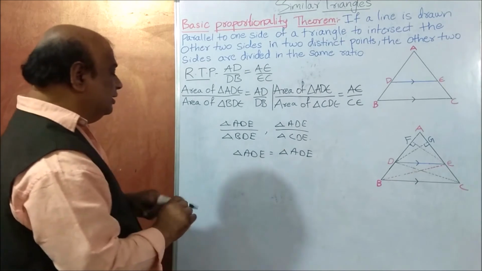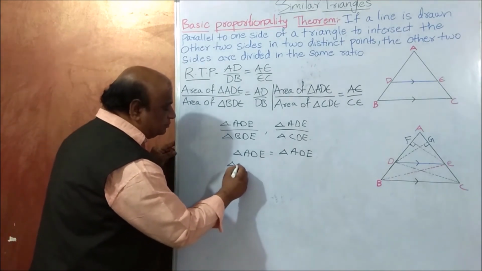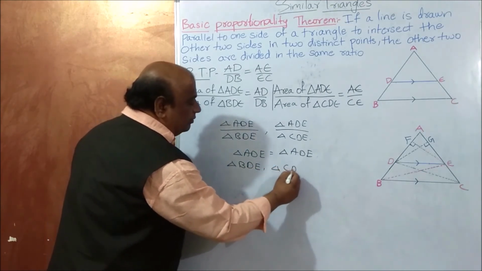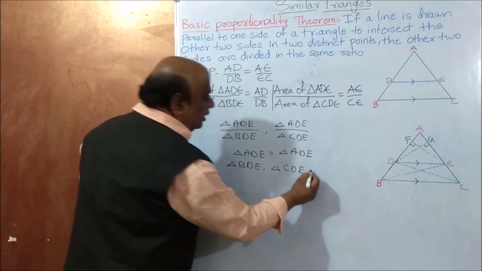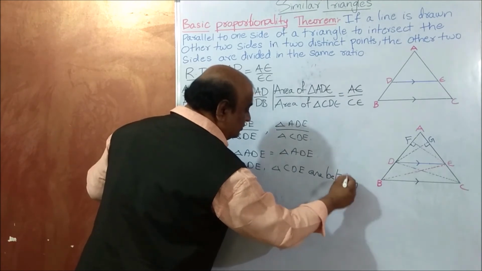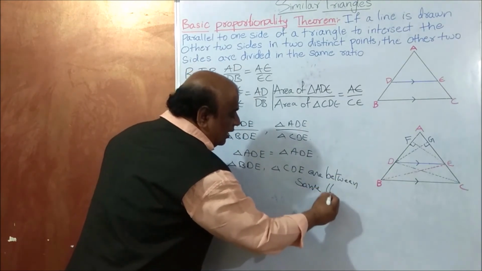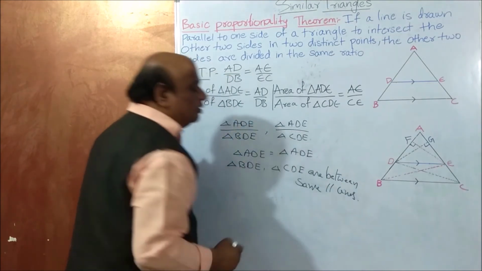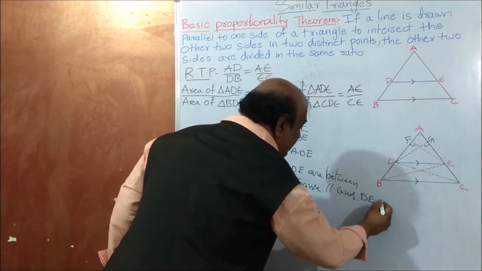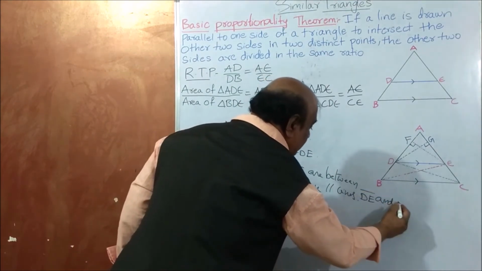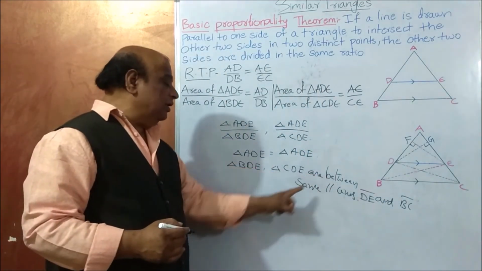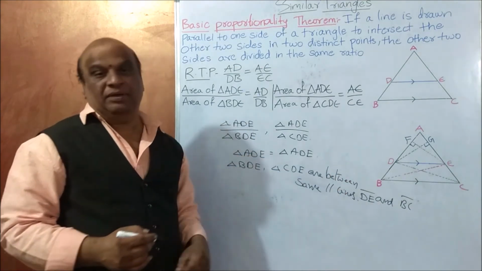Now I will write here: triangle BDE, triangle CDE are between same parallel lines DE and BC. So these two triangles are between same parallel lines DE and BC.